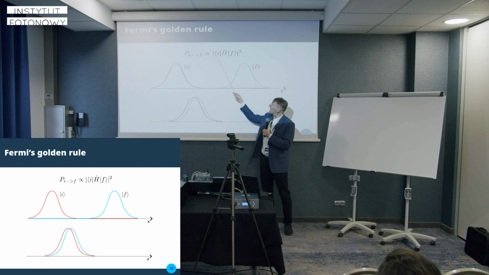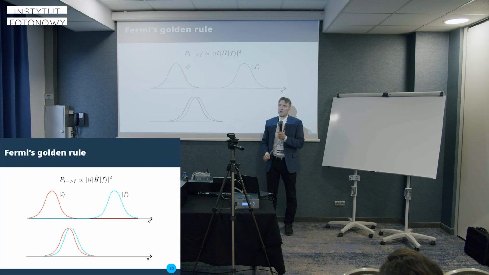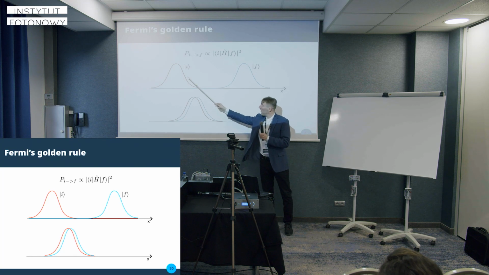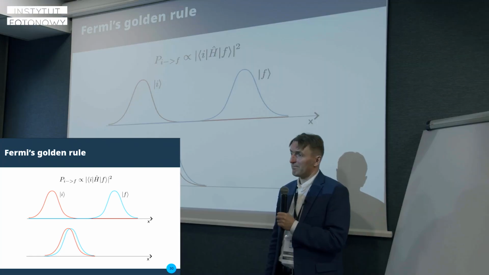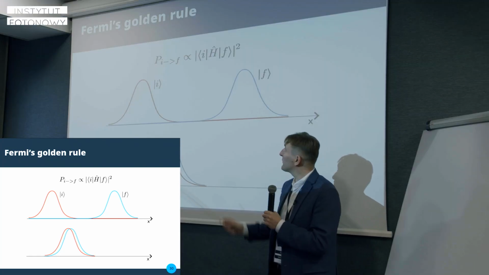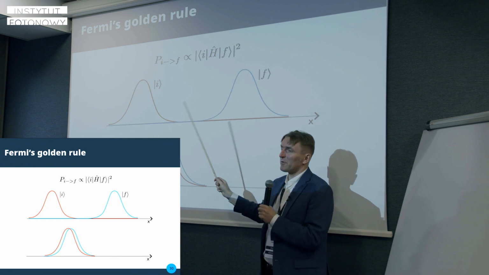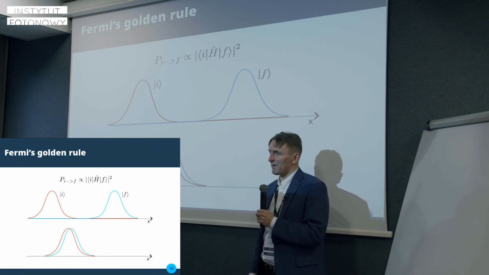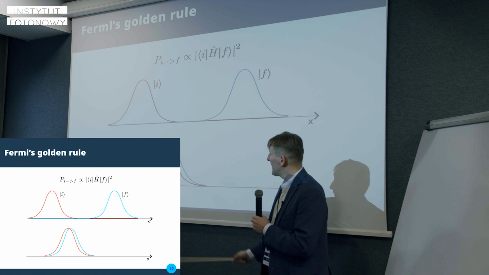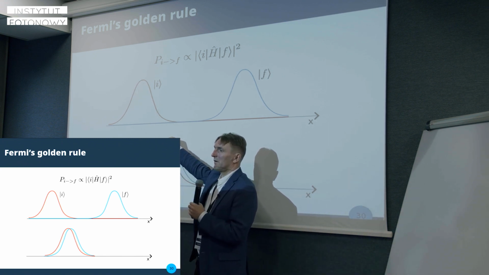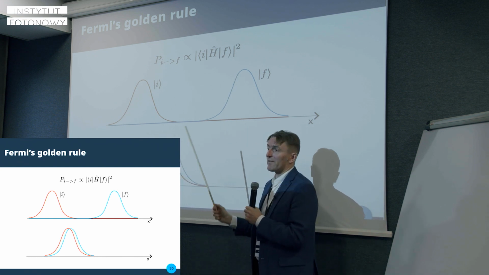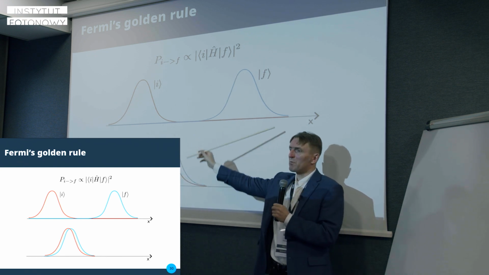And this means basically that you have an integral of the product of the red and the blue line. So this is proportional to the integral of the product. But you see that when this has a significant value, the other is 0. When the blue one has a non-zero value, the red one is 0.